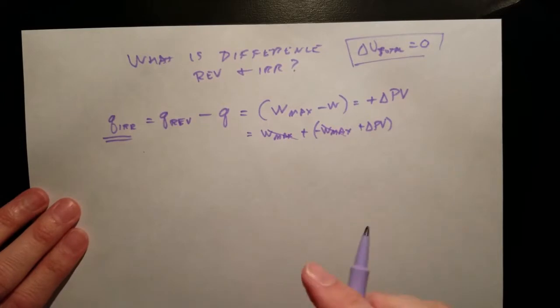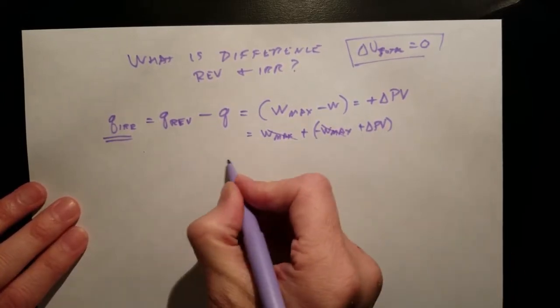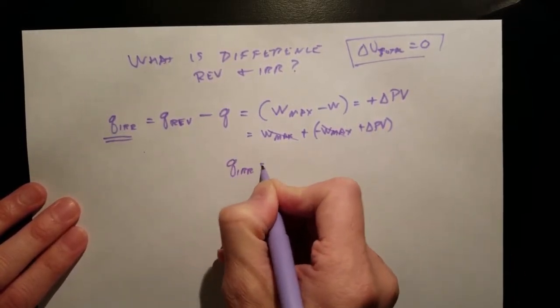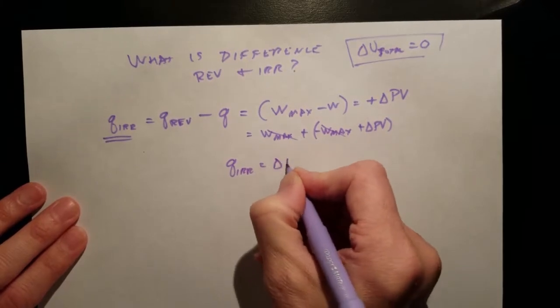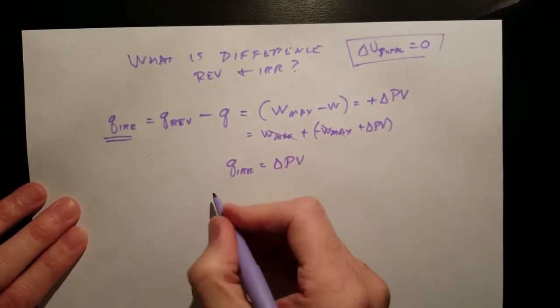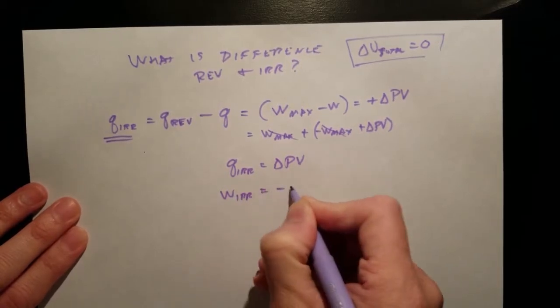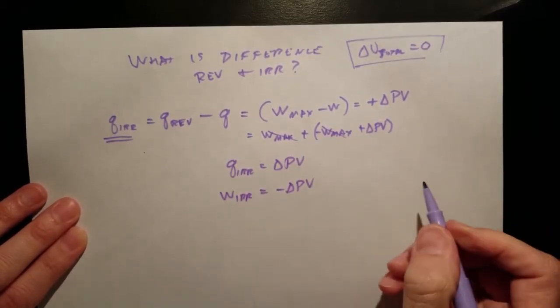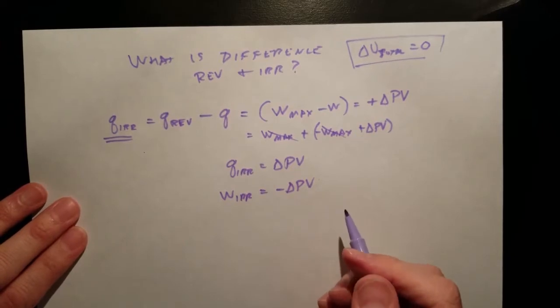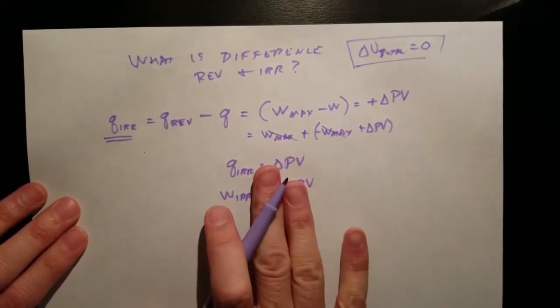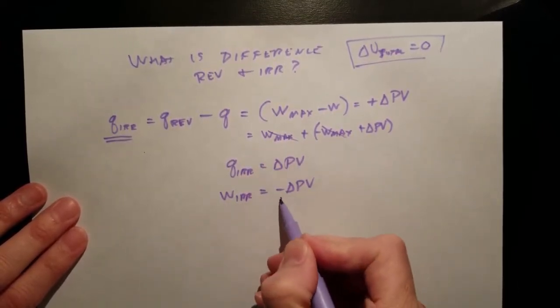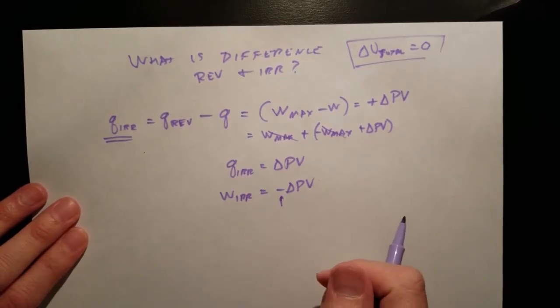And essentially, because I'm saying that our Q irr is equal to delta PV, and before I'd said W irr is equal to negative delta PV, we are setting these two equal to each other, or with the change in sign.